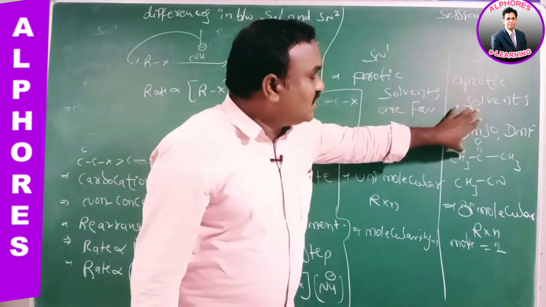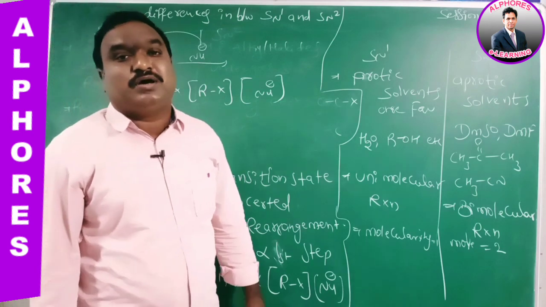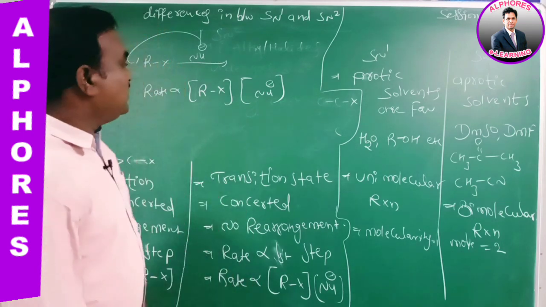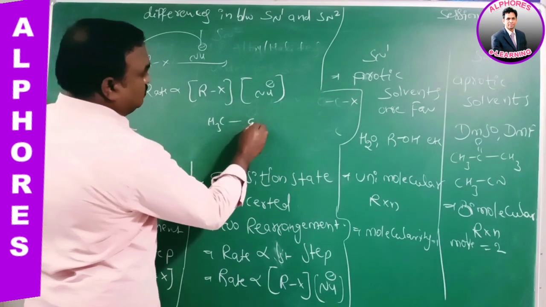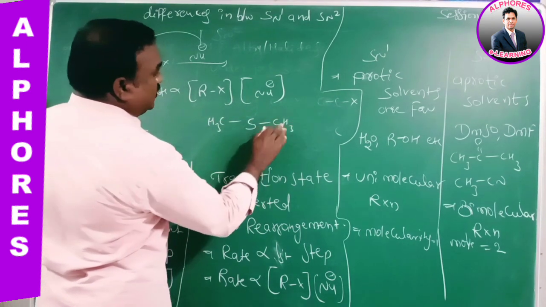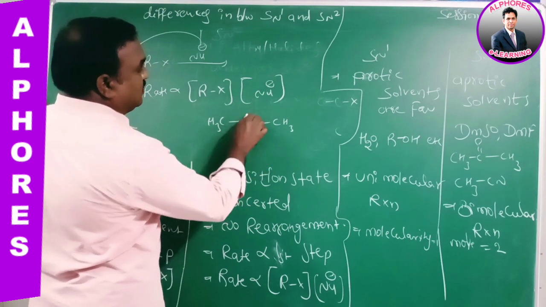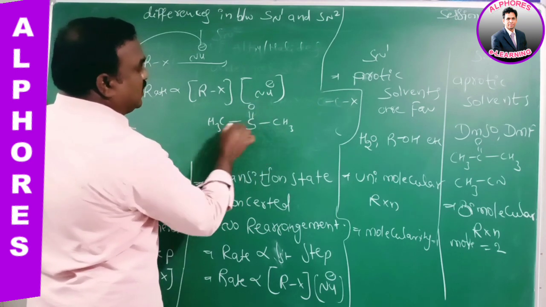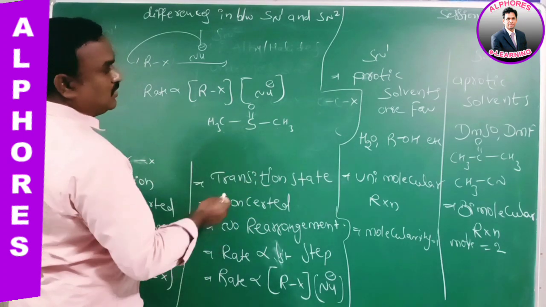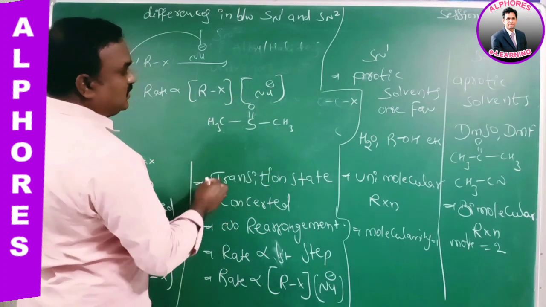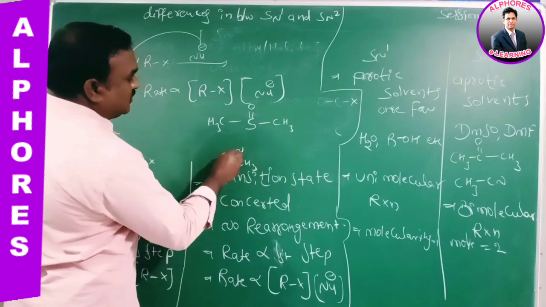Aprotic solvents are favorable for bimolecular nucleophilic substitution reactions. Dimethyl sulfoxide, DMSO, has two methyl groups on sulfur with oxygen. Dimethyl formamide, N,N-dimethyl formamide, has two methyl groups on the nitrogen.